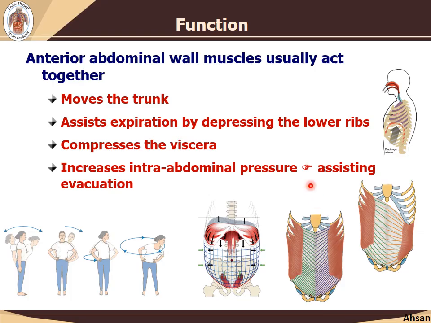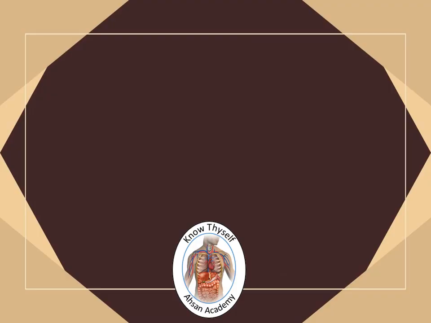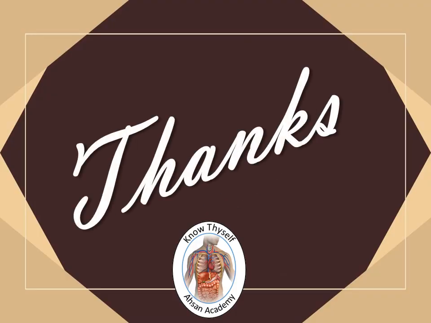So these muscles help in movement of the trunk and in forceful expiration. Compression of the viscera leads to defecation, micturition, and parturition, meaning baby delivery. So defecation, micturition, and childbirth, all physiological processes are assisted by this type of abdominal wall. Thank you very much for remaining with this presentation.